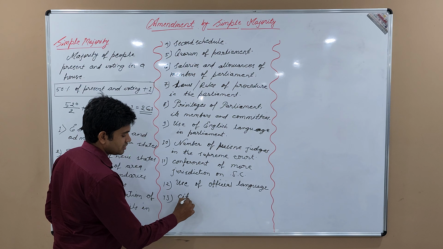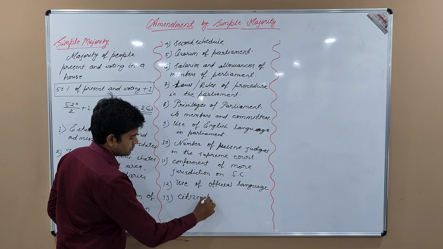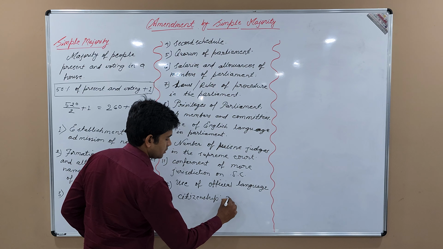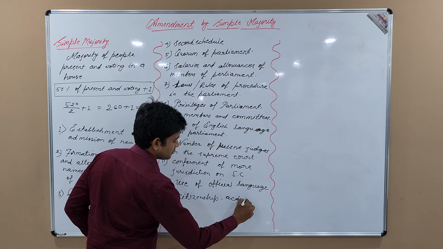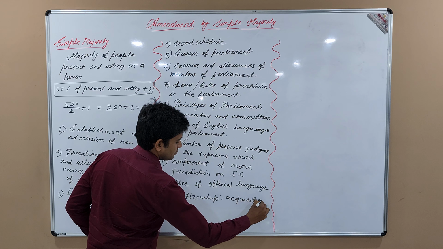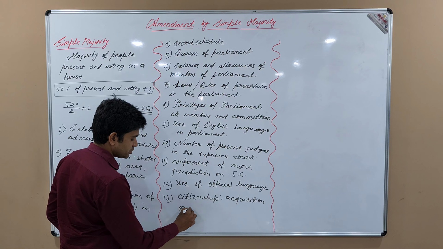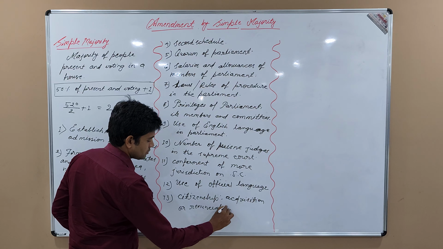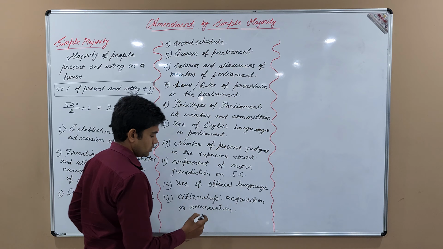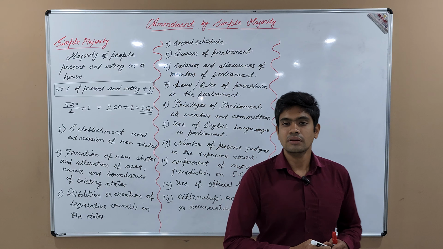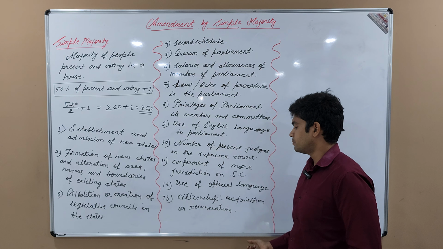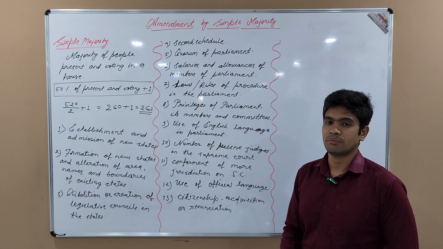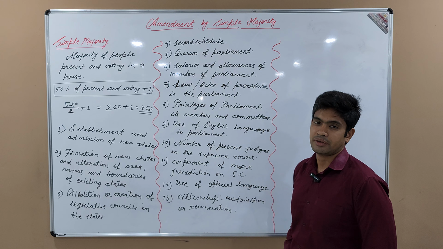Now, the next one is citizenship. Acquisition or renunciation. So, whenever there is any amendment in the citizenship, that amendment, that change has to be passed in each house of the parliament with the simple majority.